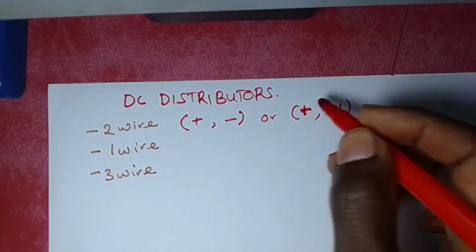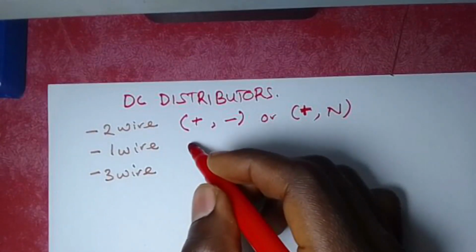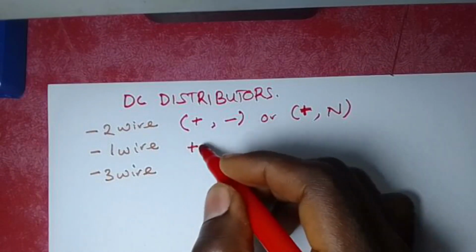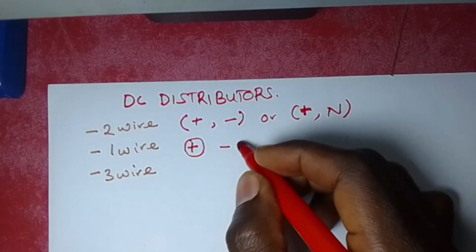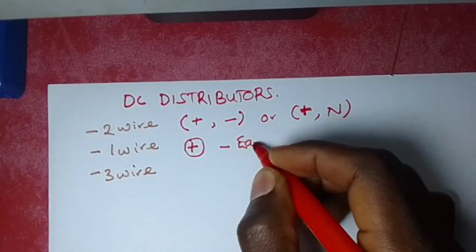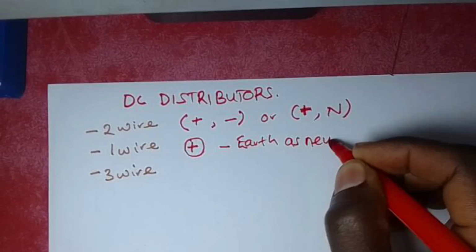So that is a 2-wire distributor. When it comes to a 1-wire distributor, here we have one positive conductor, and they use the earth as the neutral.